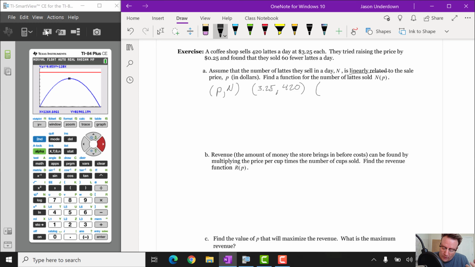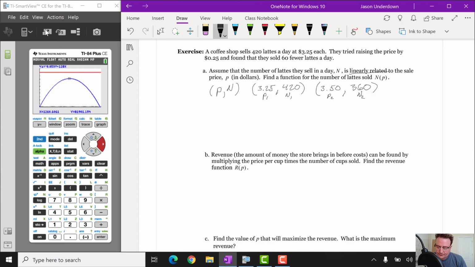So raising the price by 25 cents would bump it up to $3.50 per latte, and 420 minus 60 would be 360. So we only sold 360 lattes on the day when we bumped the price up. Okay, so now I have two points. I'll call this P sub 1 and N sub 1, and this is point 2, so I'll label this P sub 2 and N sub 2.